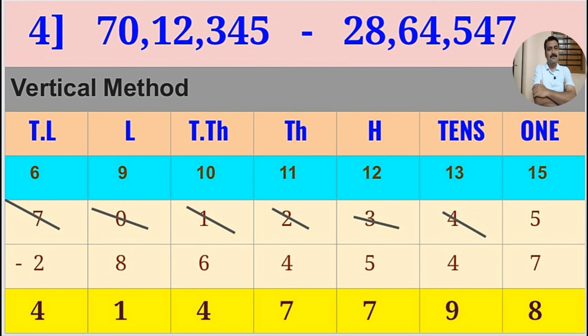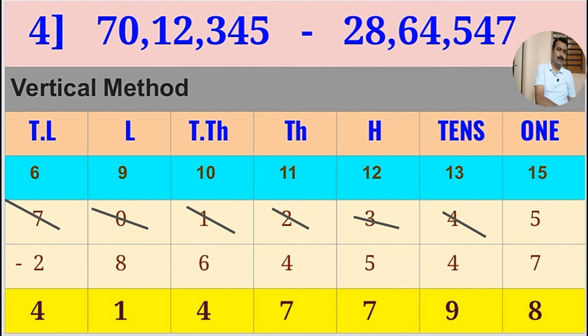Now if you observe in this fourth example, at each place we require to take the carry here. So the carry concept is very important in this subtraction method. It is also important in addition method, as well as multiplication. So carry concept, do not forget here.